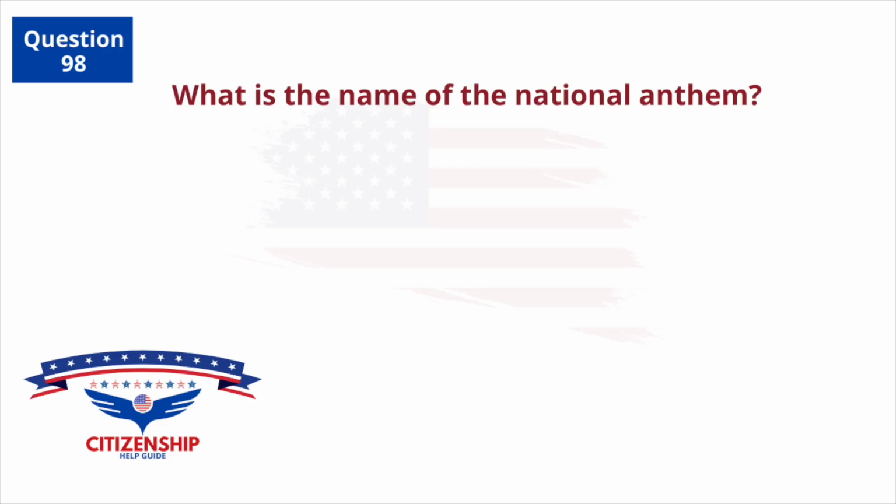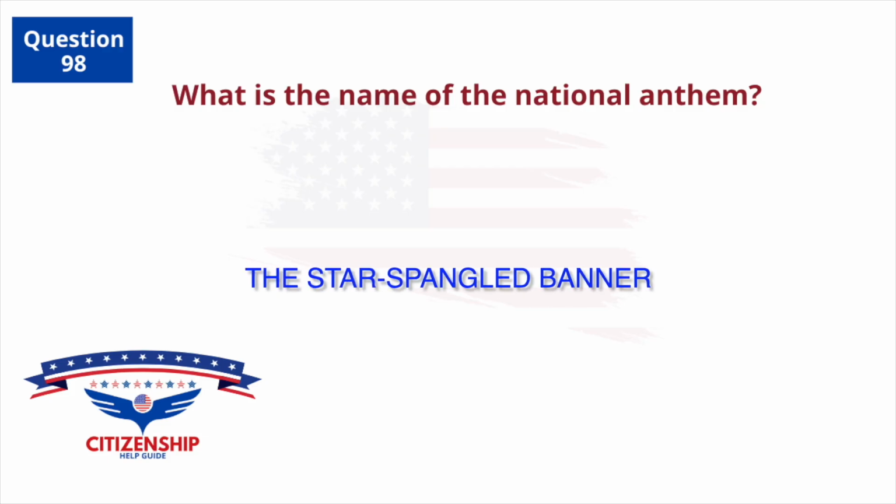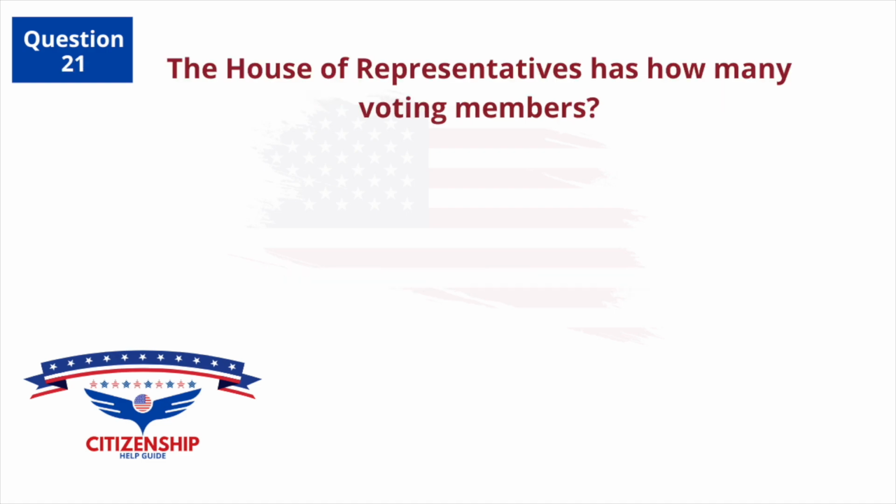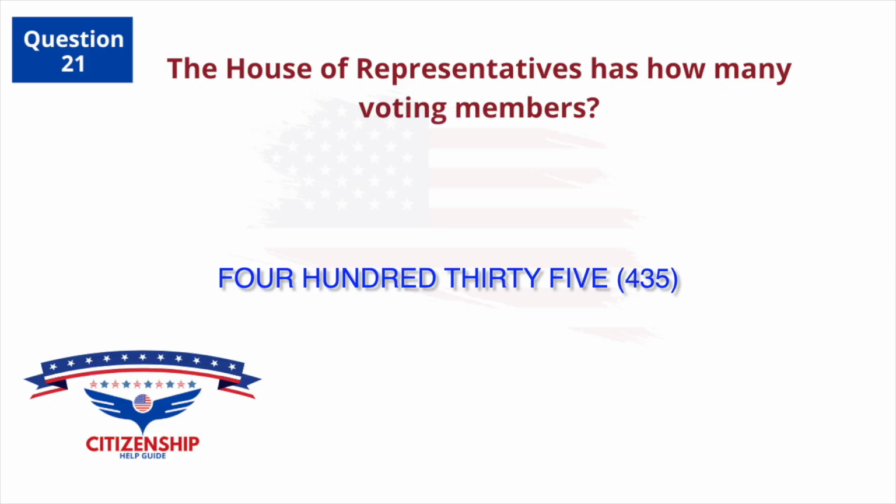What is the name of the national anthem? The Star-Spangled Banner. The House of Representatives has how many voting members? 435.